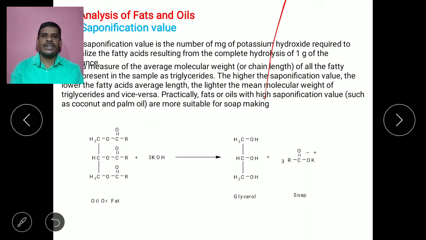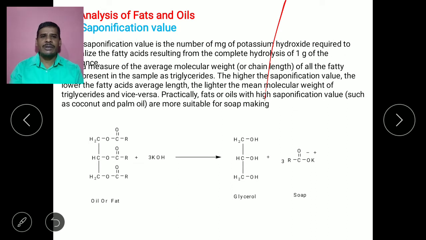Saponification value is very useful. 3 moles of KOH are required to saponify 1 mole of the oil or fat. What is the use of the saponification value? The saponification value is very useful for the determination of the molecular weight of that particular oil or fat.